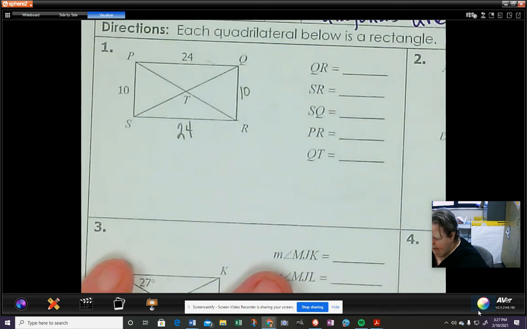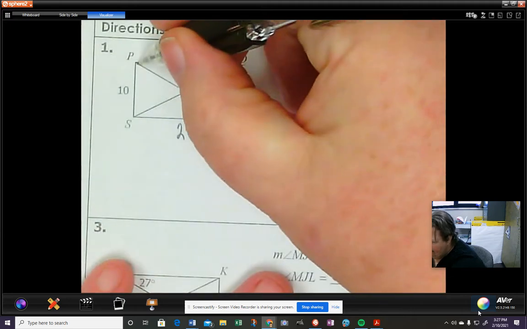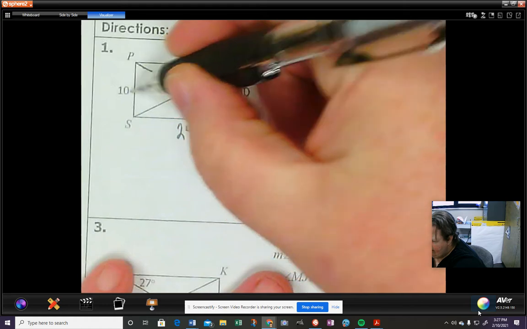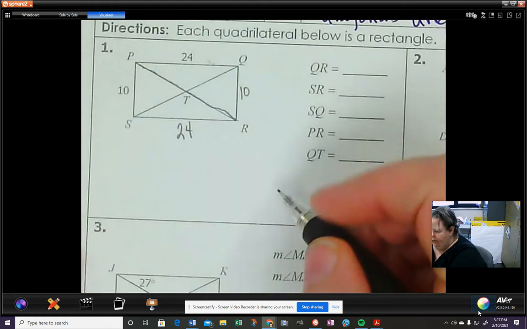Do I know anything else? Well, I could do Pythagorean theorem and find the length of PR, because I have 10 and 24 as my legs.